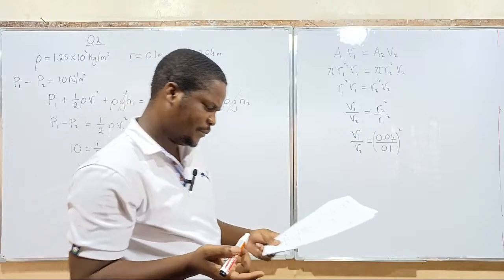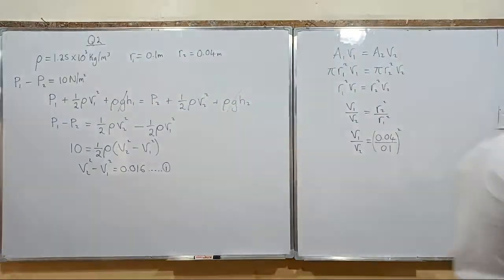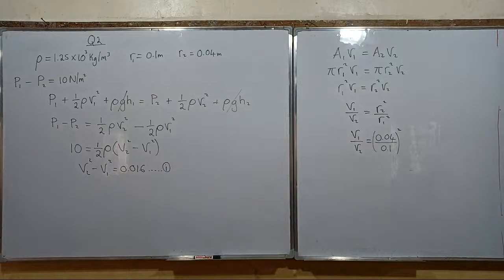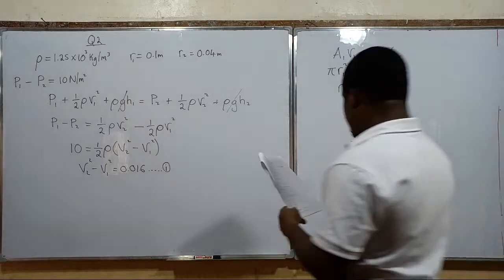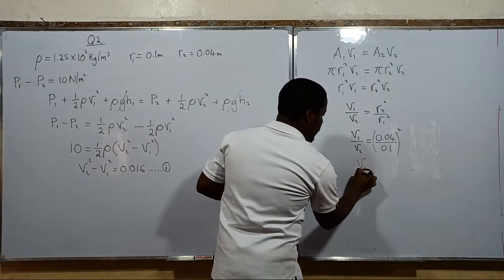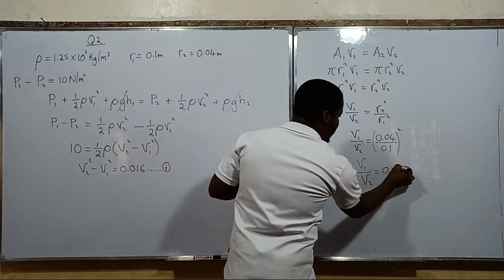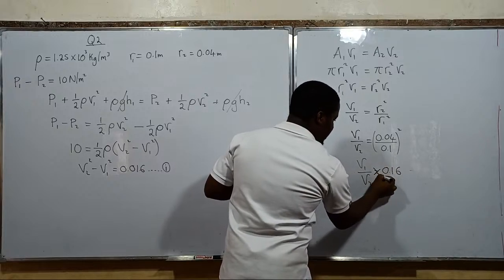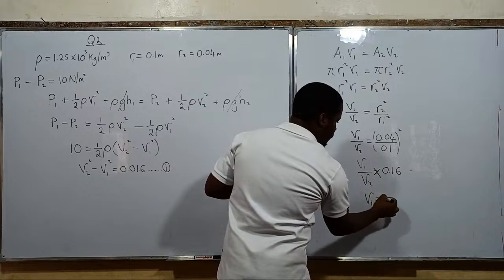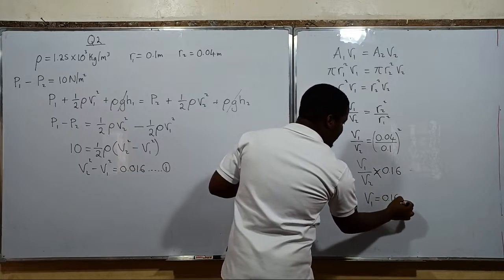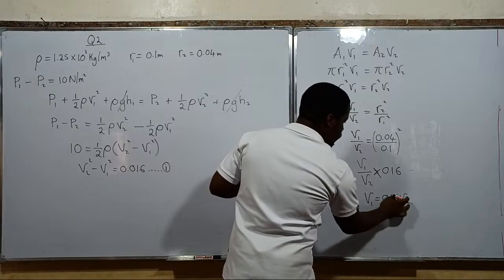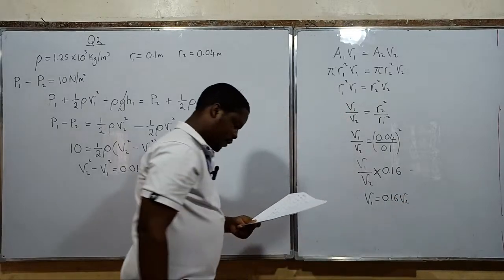It's 0.04 divided by 0.1, then squared, which is 0.16. So velocity 1 over velocity 2 is equal to 0.16. We cross multiply, hence velocity 1 is equal to 0.16 velocity 2.